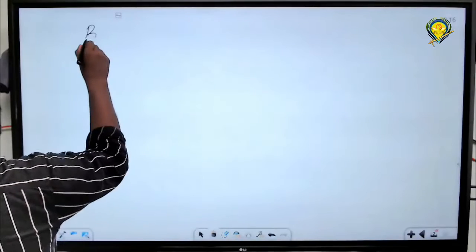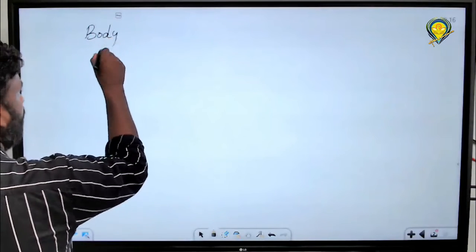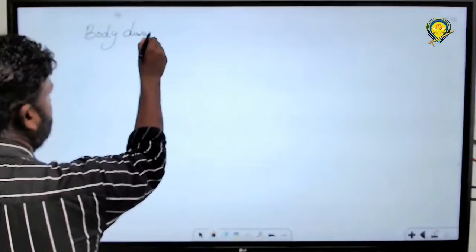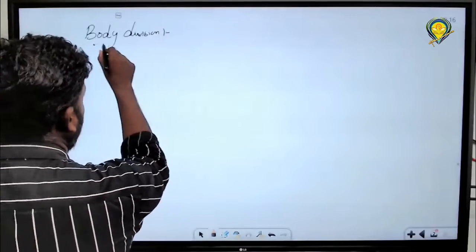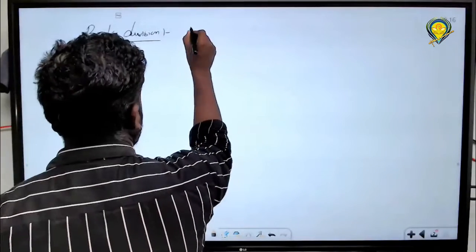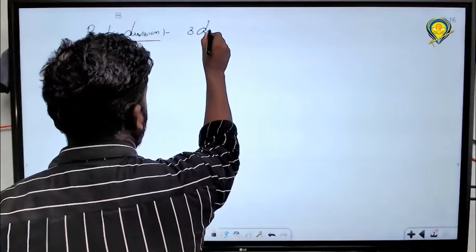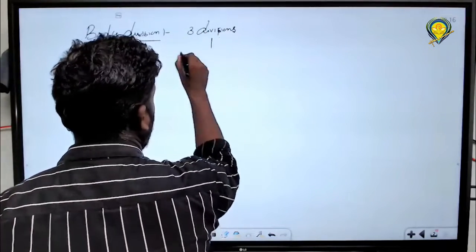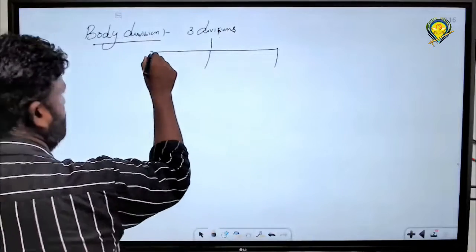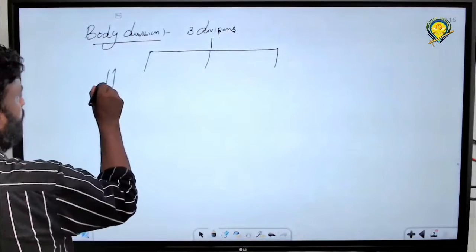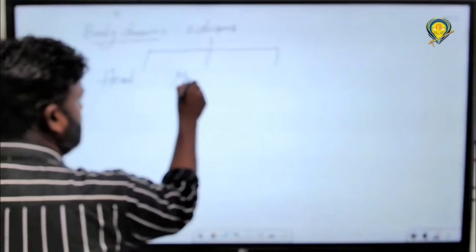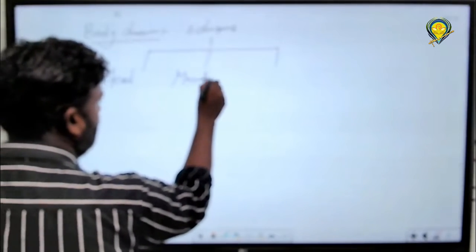Body division. The body is divided into three divisions. First one, head. Muscular foot or non-muscular foot?